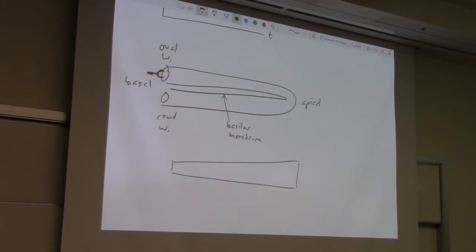So the apex versus the basal. On the basal side, it's very narrow, so it has a low mass per unit length, and it has a high stiffness. And on the other side, remember we said it's wider, so it has a high mass per unit length and a low stiffness.